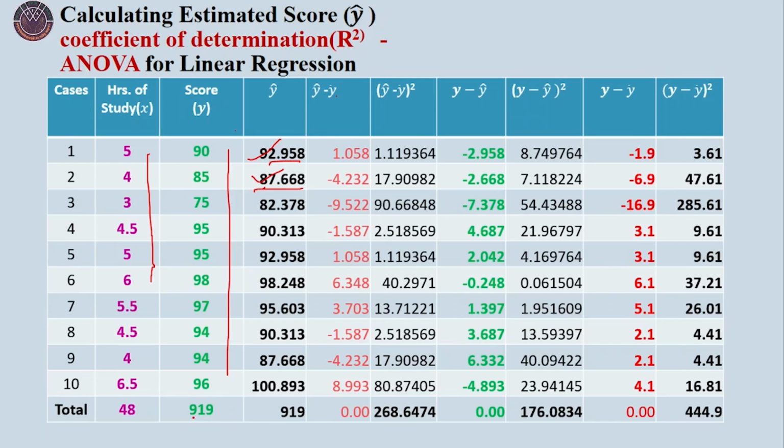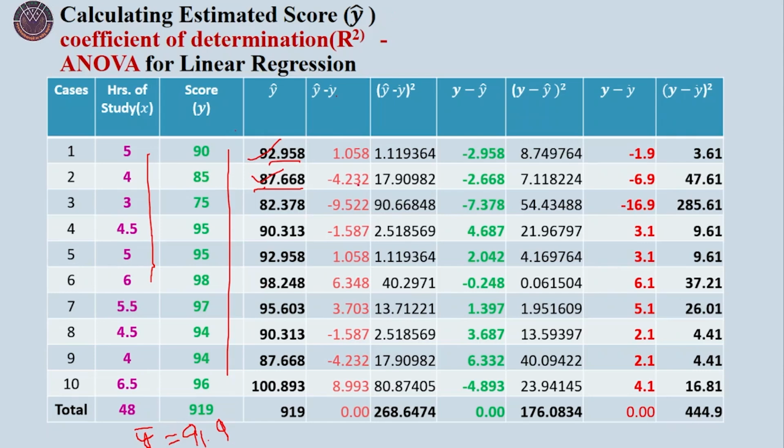So this particular 1.058 we will get, since we have got the mean equal to 91.9. So this is the y mean value. From the y mean value 91.9, we will get this particular value.